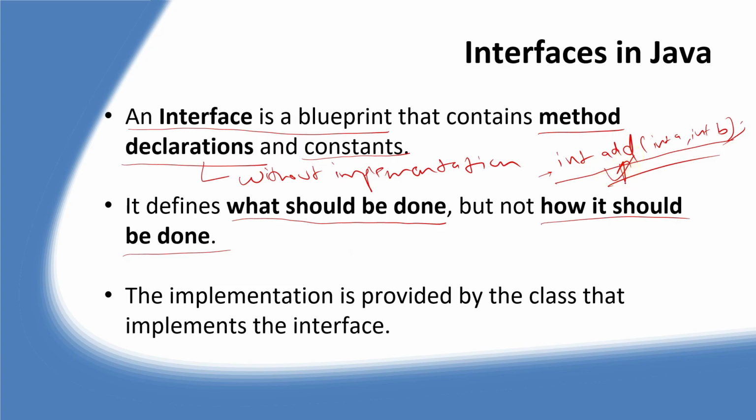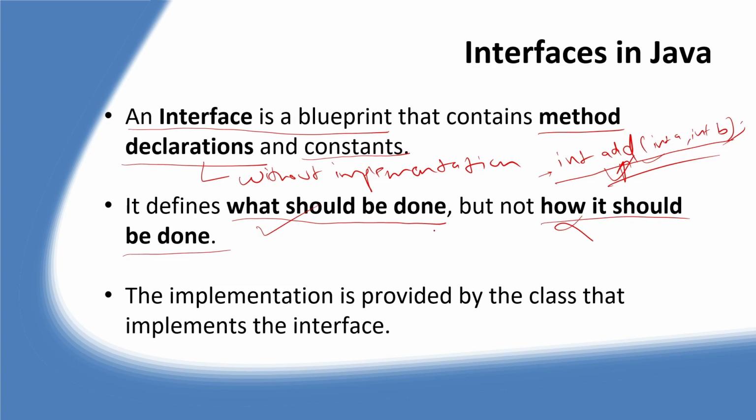This method specifies that it will be adding. So what we need to do is clear, that is addition. But how to add, what is the logic, we don't know, right? Only the declaration is there in the interface. So the how part is not available inside an interface.